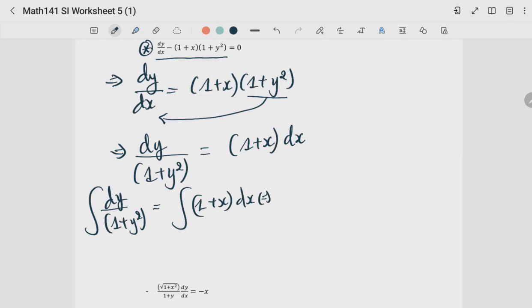Well, we know that this integral on the left-hand side is looking similar, right? And if you go back to when we're dealing with integrals, you'll see that this integral is nothing else than arctan of y, or tan inverse of y, right?